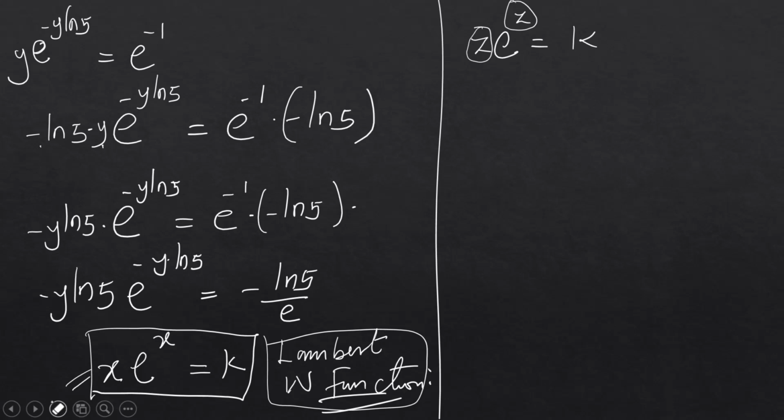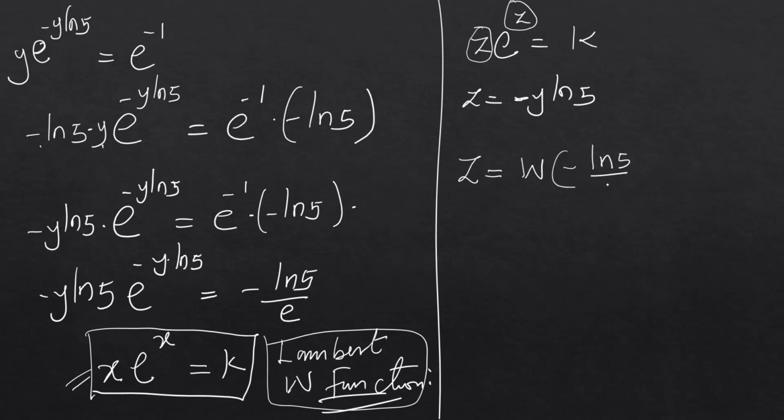Now, in this case, if my z is given as minus y ln 5, that simply means z is equal to the W function of minus ln 5 over e. Look at what I mean.